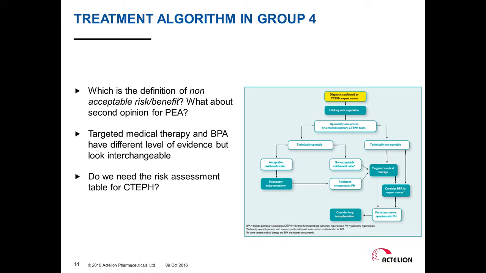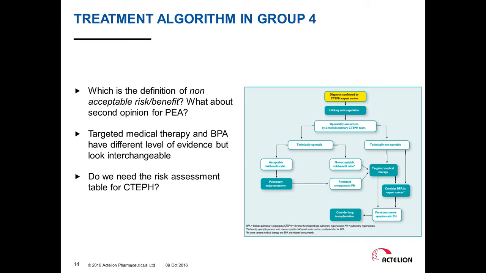Of course, in the treatment algorithm, the medical therapy and the BPA are considered equal, even if the level of evidence is different. And again, it's the same concept as the PH therapies: how much should the level of evidence and the recommendation drive treatment decisions, or are they just based on the amount of information available at the time when the guidelines are written?